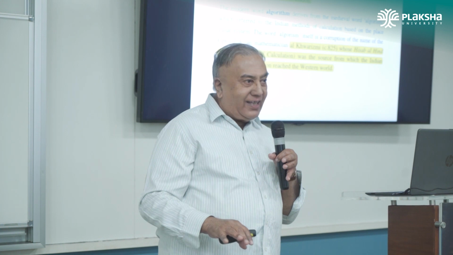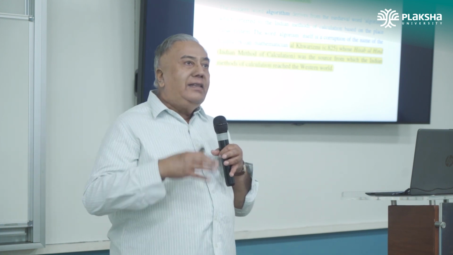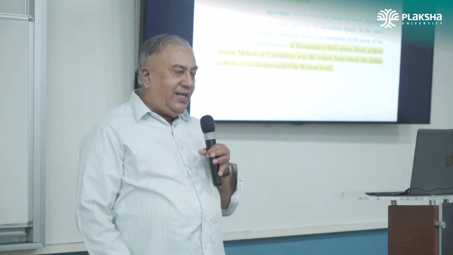As you know, from Aryabhatiya onwards, the methods of multiplication, division, square root, and cube root are all systematized there. That's what made calculation extremely simple and popular and universal. And that was made known to West Asia.